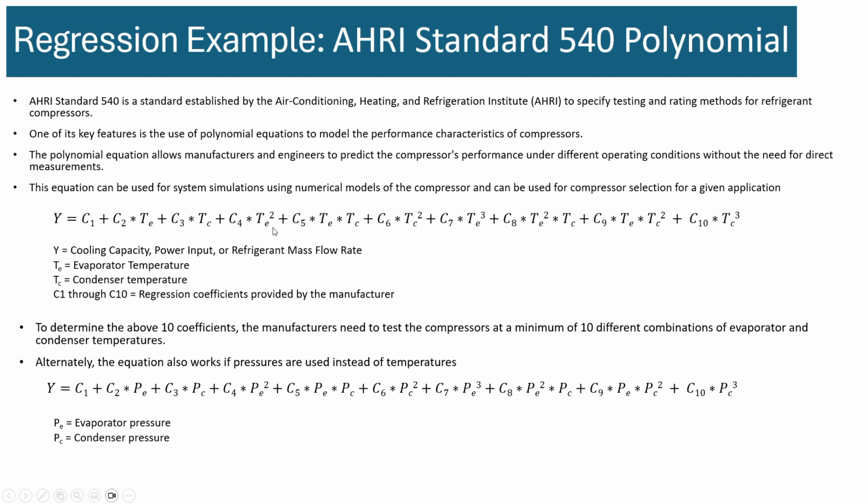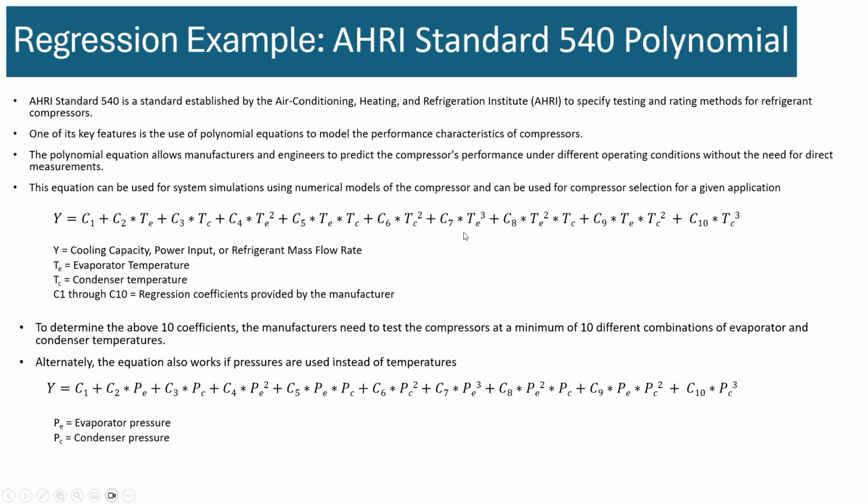Developing this polynomial is very beneficial, and it's already proven that this particular usage of variables, such as T squared E times TC, gives a good curve fit for the data. The most important thing to note here is what test points you're using.